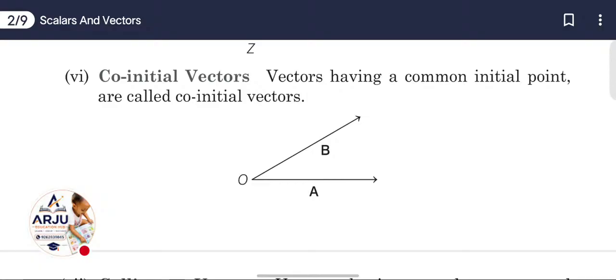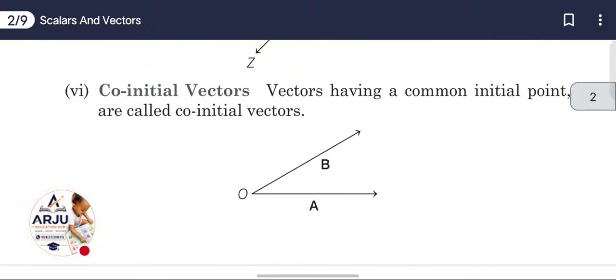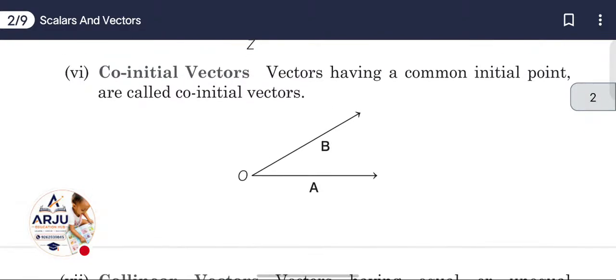Suppose here you can see in the figure, O is the origin for vector A as well as vector B. Suppose another vector is here, vector C. For all three of them, the initial point is O. So that's why we can call them co-initial vectors.